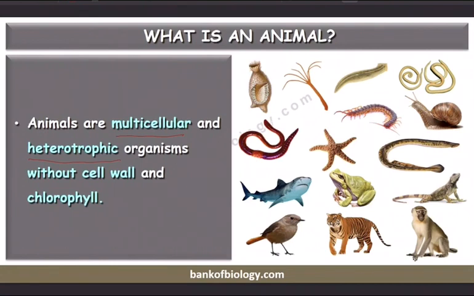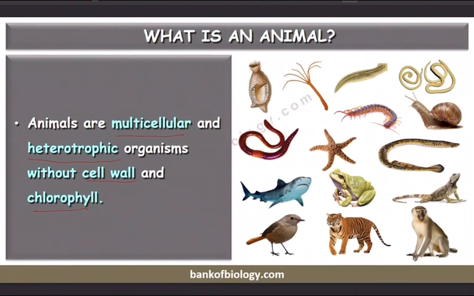So starting with that, let us see basically what is an animal. Animals are multicellular, meaning many cells are there, and heterotrophic organisms. There we said autotrophic in plants because they prepare their own food with the help of chlorophyll through photosynthesis. Here hetero means different, trophic organisms.